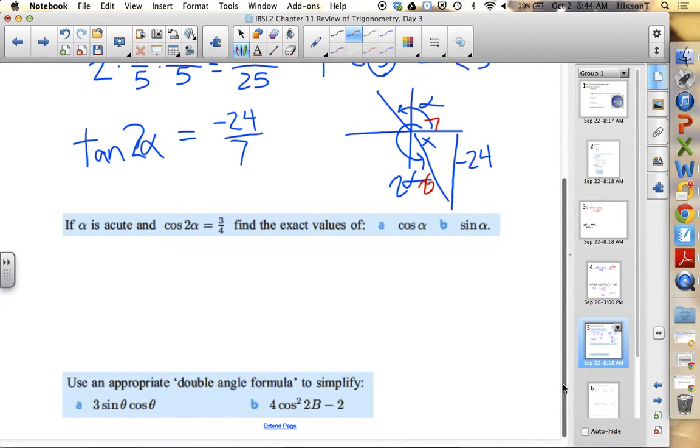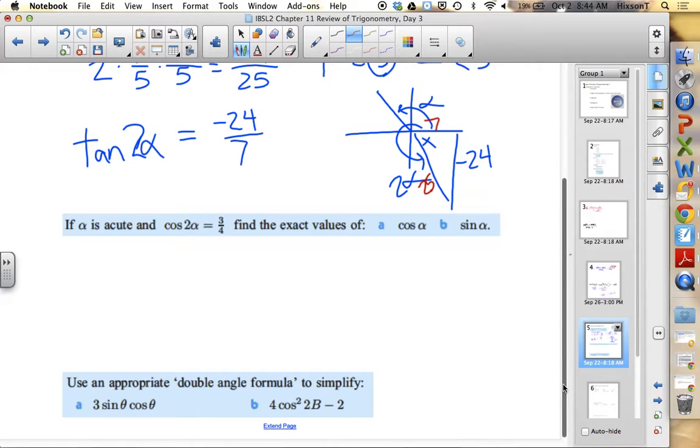Alright, a little bit of language here. When we're asked to find exact values, what does that mean? No rounding. Do they want it in pi form? Well, if we were getting an angle, then yes, you would leave pi in there, alright?